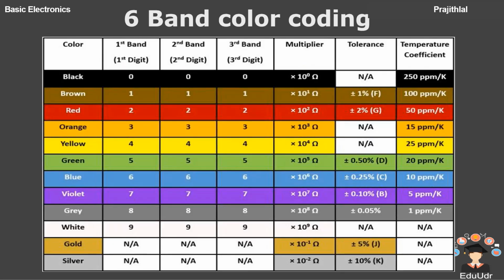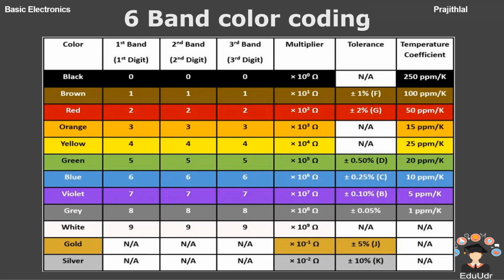So here comes the color coding chart for 6-band color coding, including the temperature coefficient. So suppose in our 6-band resistor we had red color at the end, that is at the position of temperature coefficient, and suppose our resistor was of 1 million ohms. From this chart, red color means there will be a change of 50 parts per million per Kelvin.